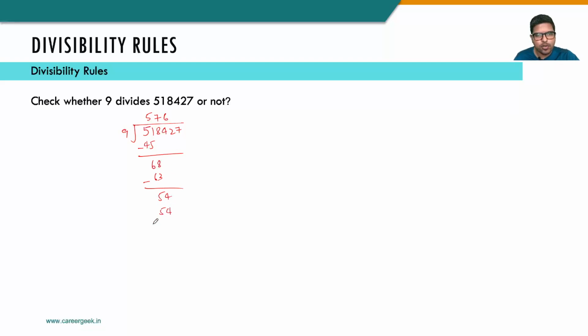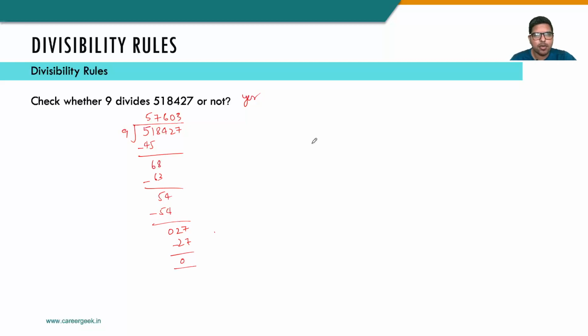So 54, we have 0, so 2 will come and 7 will come, so I'll need to add a 0 because there is one more 0, and 3, 9 3s are. So the answer is yes.